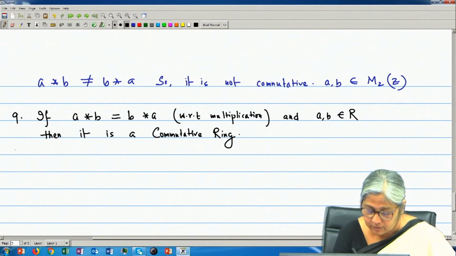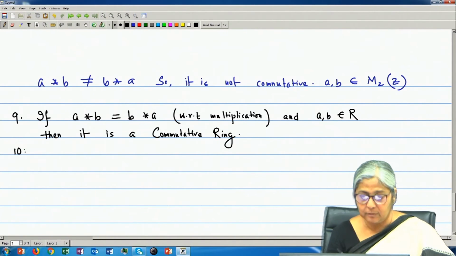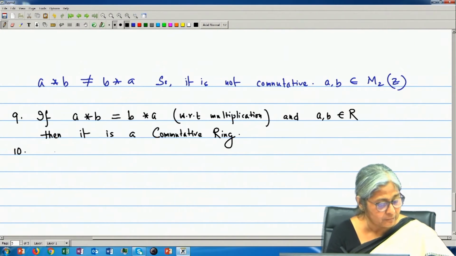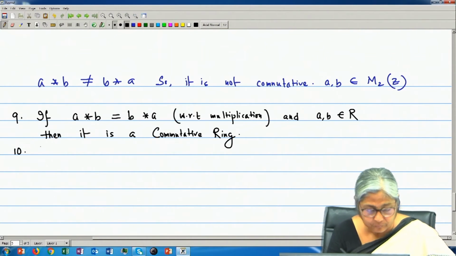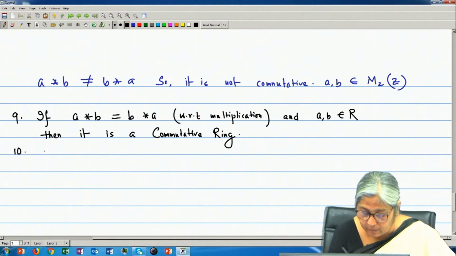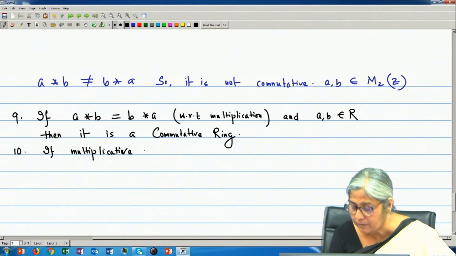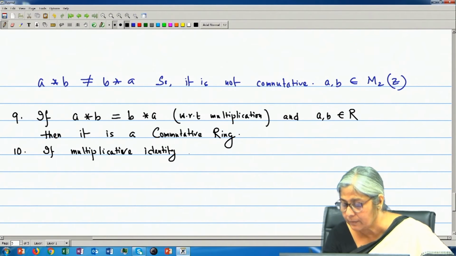But if I consider that a multiplicative identity exists.